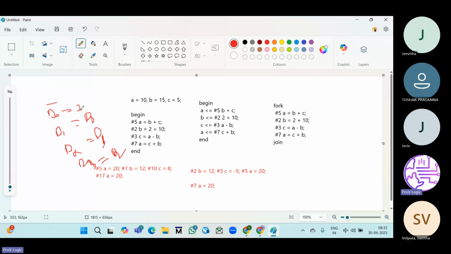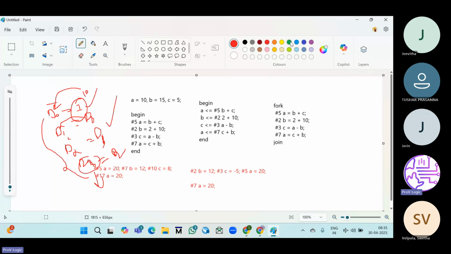If the I value is 10, this 10 is assigned to D0, then D1, then D2, then D3. The same value reaches D3, so it doesn't work as a shift operation. That's why blocking assignments are used for combinational logic circuits.